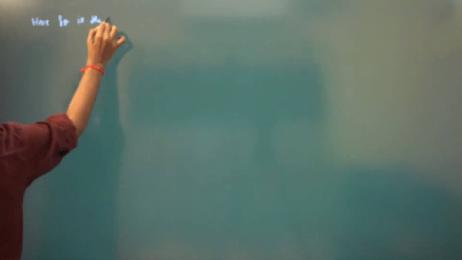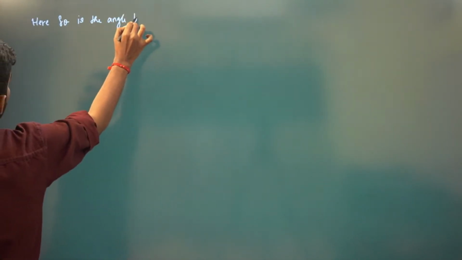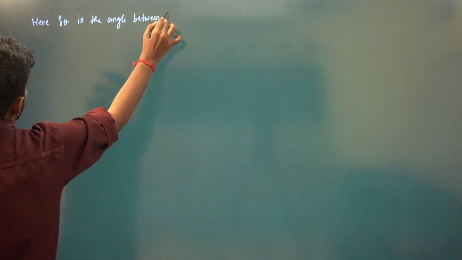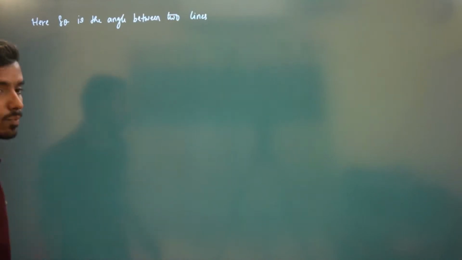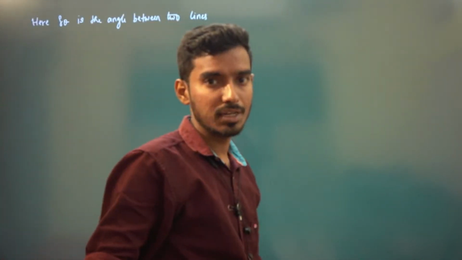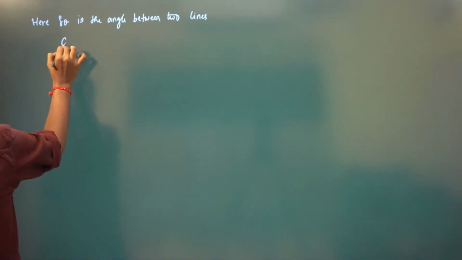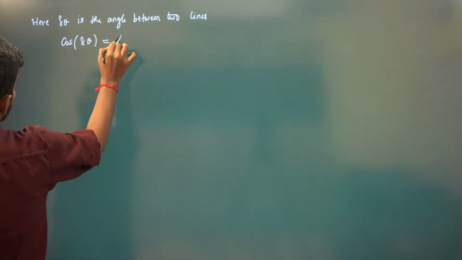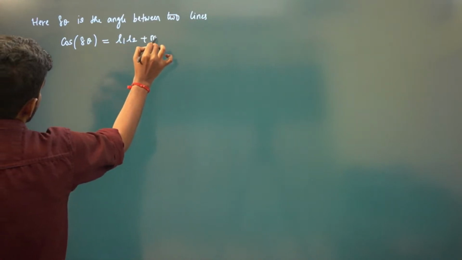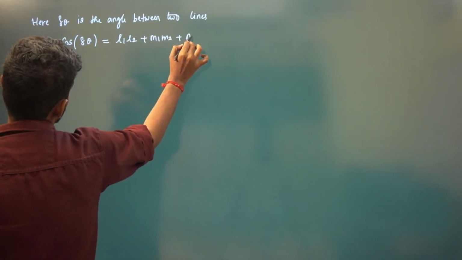Now here, del theta is the angle between two lines, right? So what is the angle between two lines? If DCs are known, it is cos theta is equal to, so instead of theta, we will have del theta. Cos theta is equal to L1 L2 plus M1 M2 plus N1 N2.